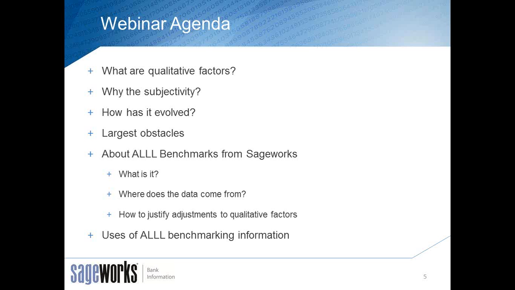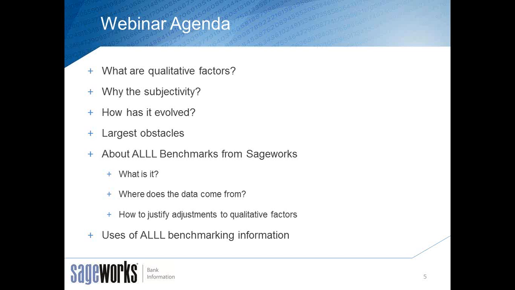Why do the Q factors tend to be so subjective? How have the Q factors evolved over the years to where they are today? The obstacles that our banking subscribers and all banks tend to face while using the Q factors as part of their allowance calculation.